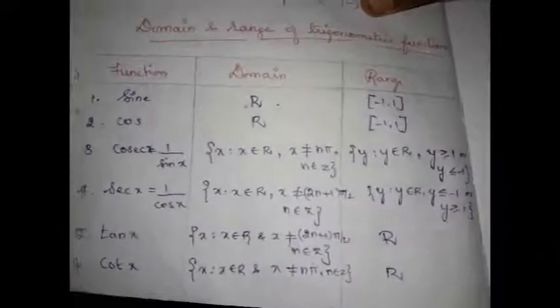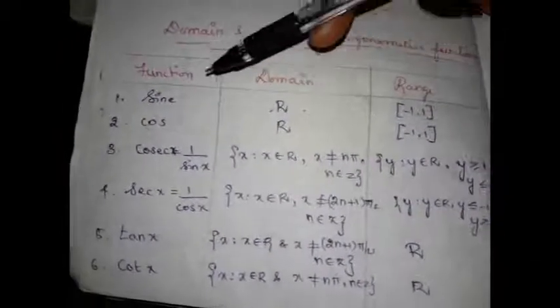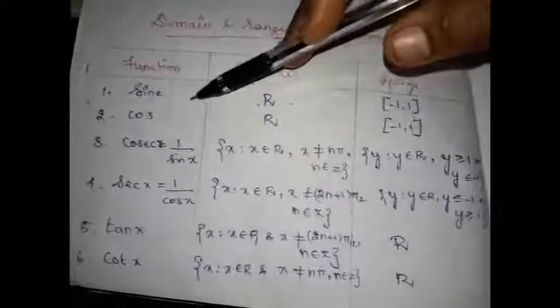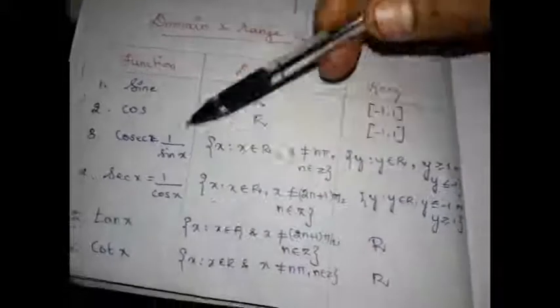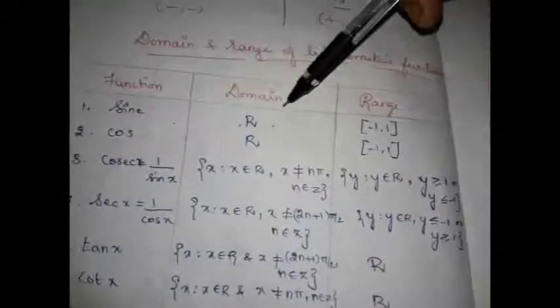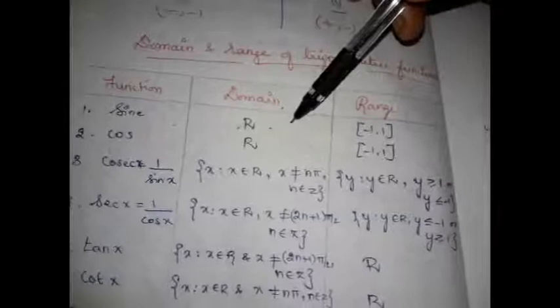After this we learnt the domain and range of the trigonometric functions. We have seen that sine and cos behave in the same way, cosec and secant behave almost in the same way, and tan and cot. For sine and cos, the domain is the entire real number system, whereas the range is between -1 and 1, closed interval.